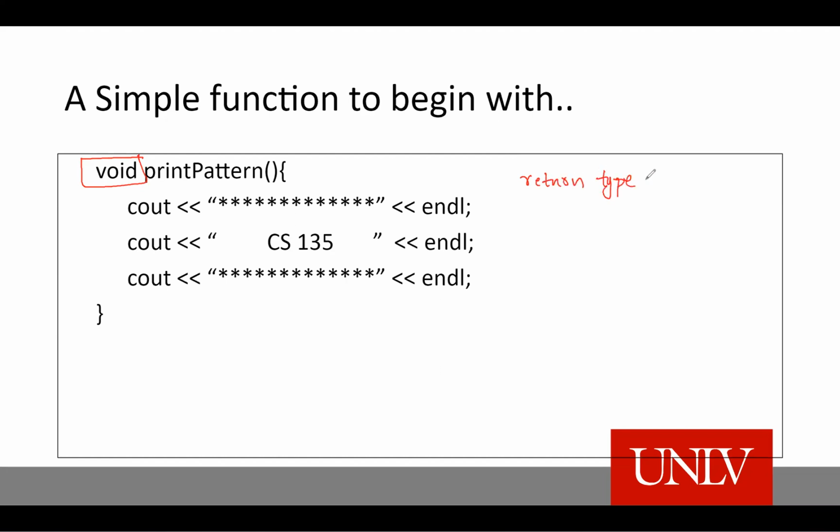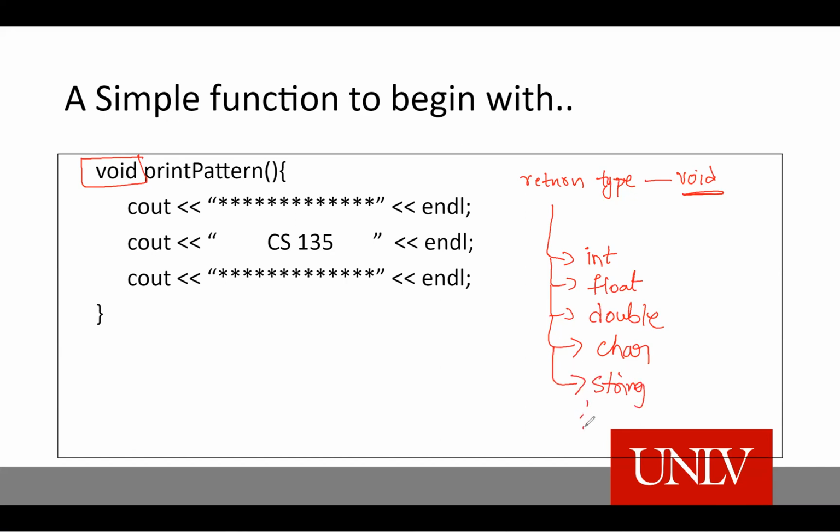For the first time, we are seeing this return type called void. All other valid return types are day-to-day data types that we see: int, float, double, character, and string, and so on.